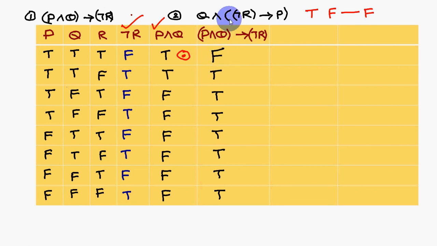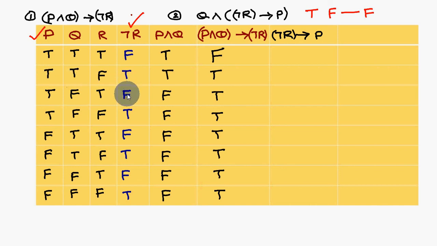Now you come across this one: not R conditional P. Not R is this one, P is this one. A conditional statement says true-false gives false. Not R is first true, here it is true, there is no false at all.